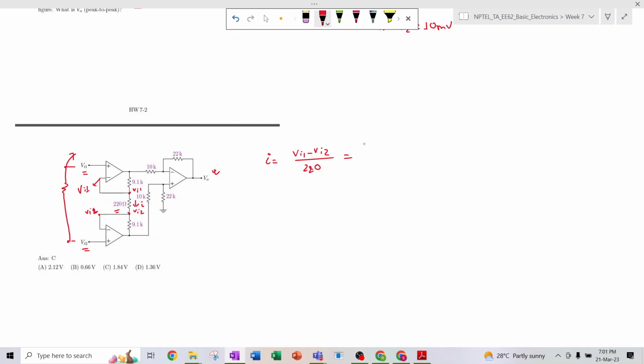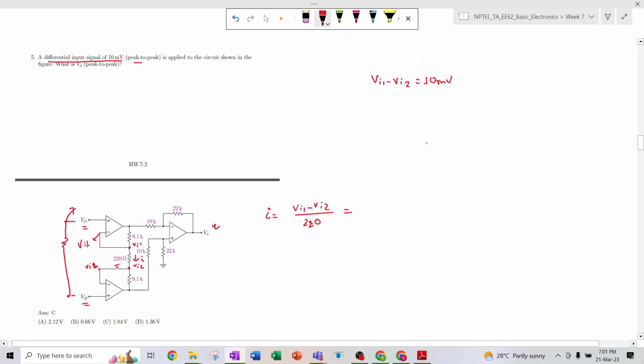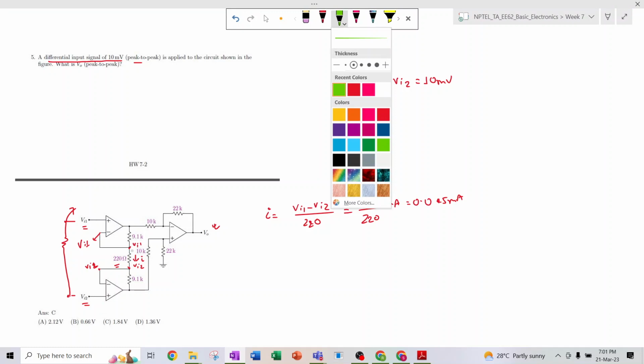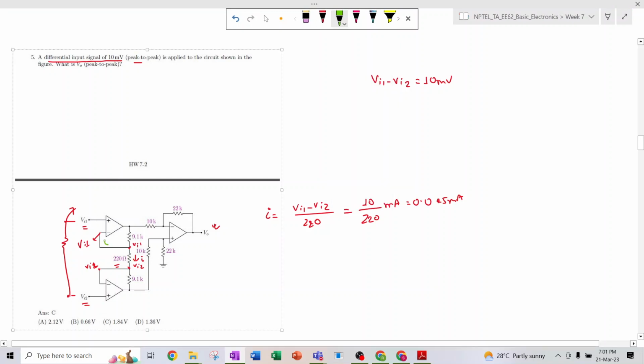Vi1 minus Vi2 in the given question is 10 millivolt, so 10 divided by 220 milliampere current will flow. 10 divided by 220 is 0.045 milliampere. This much current will flow through this side. Now see one thing, no current will flow through this side. The entire current I will flow through this side, and there should not be any current flowing through this side.